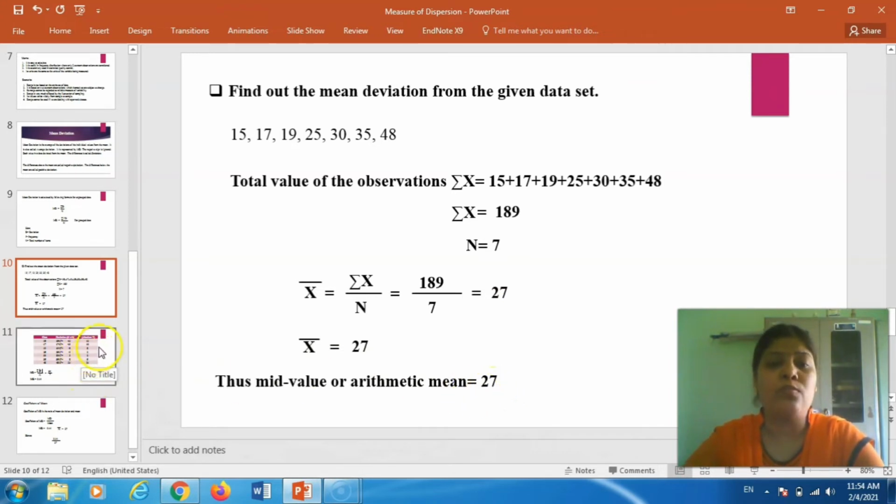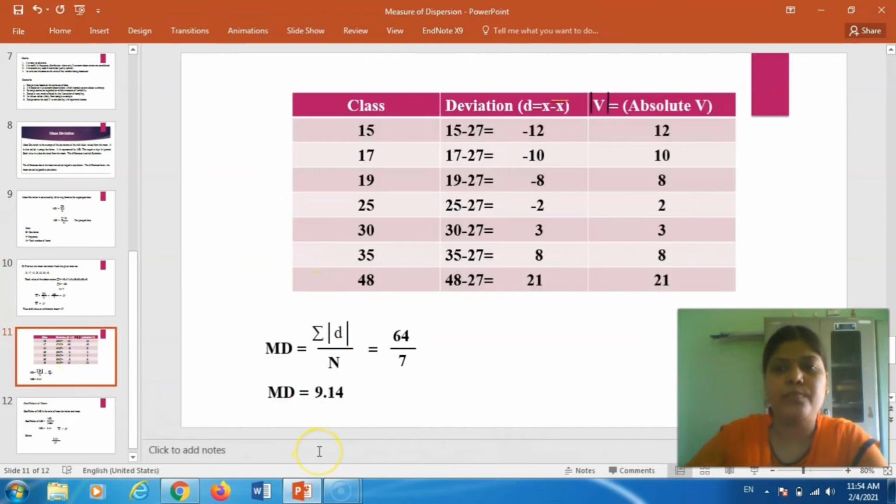Okay, now we have got our mean, so let's calculate the mean deviation. Here we have to make a table, and in that table the ungrouped data variables are given. We have to calculate the deviation, because we have to put that deviation in the MD formula.